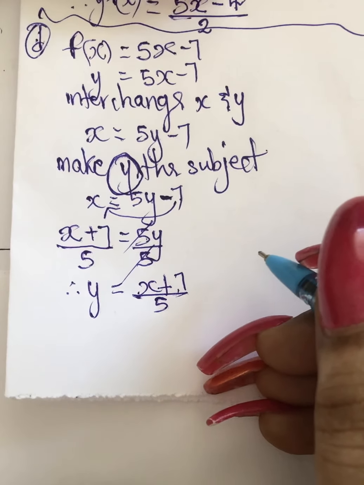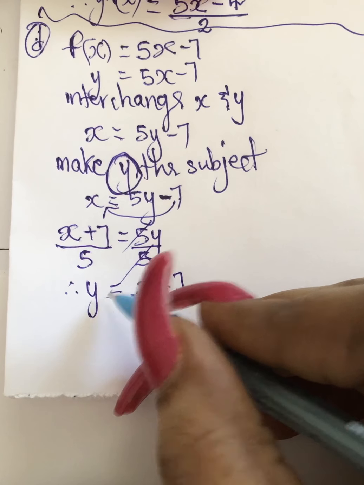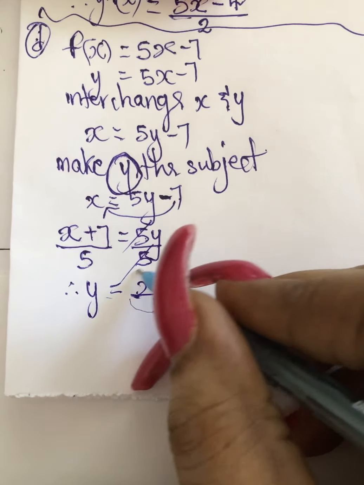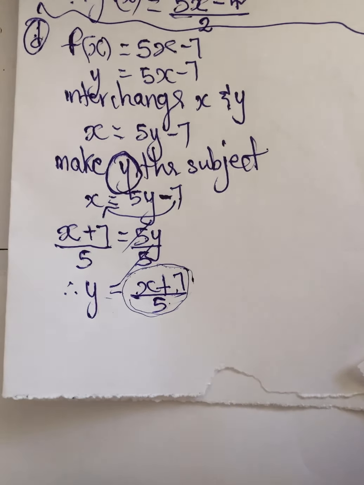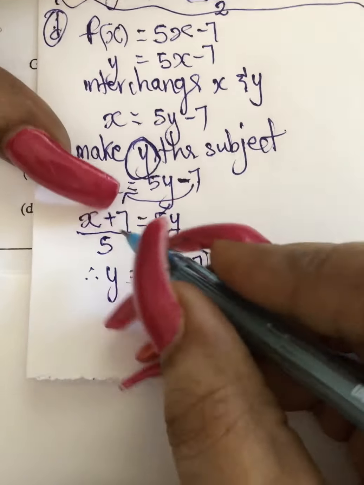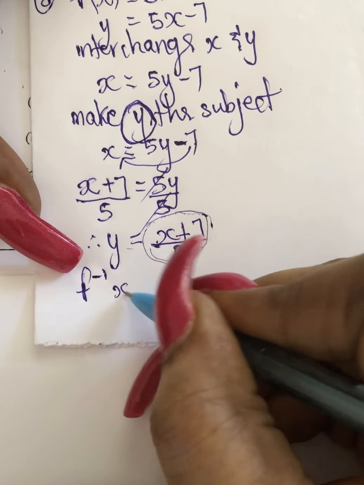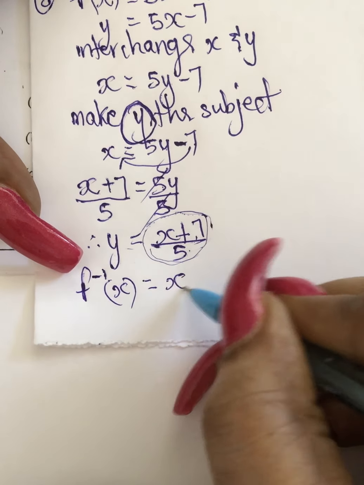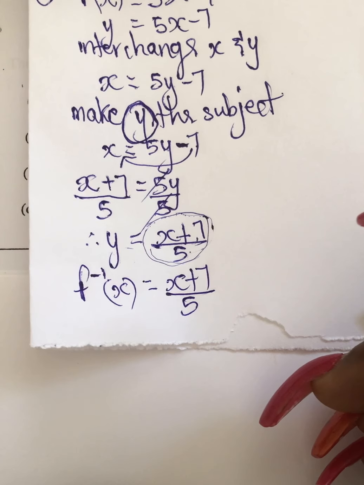And remember what I said to you? This is not my inverse. This has helped me. This is my working towards writing the inverse of f of x. And we write f inverse of x is equal to (x plus 7) all over 5.